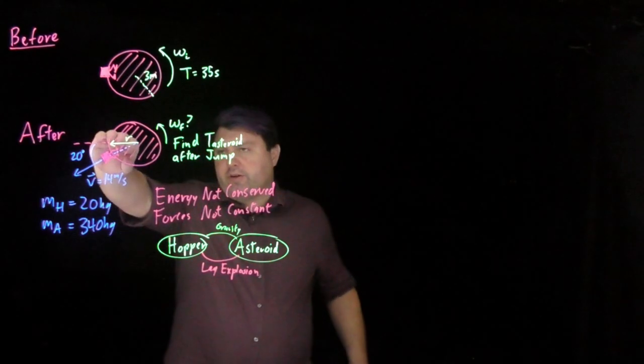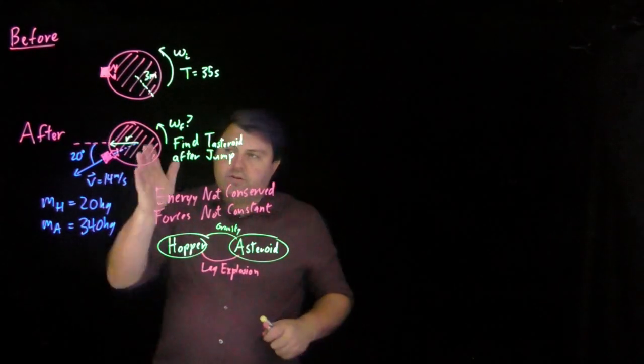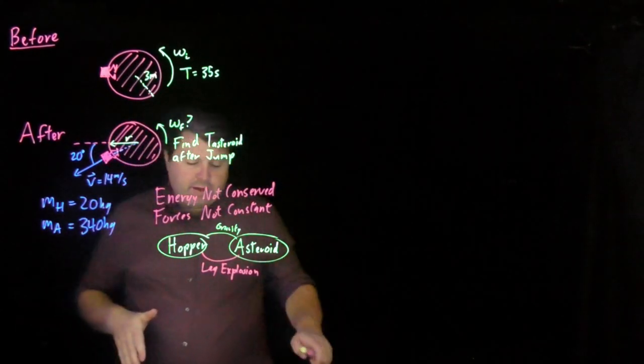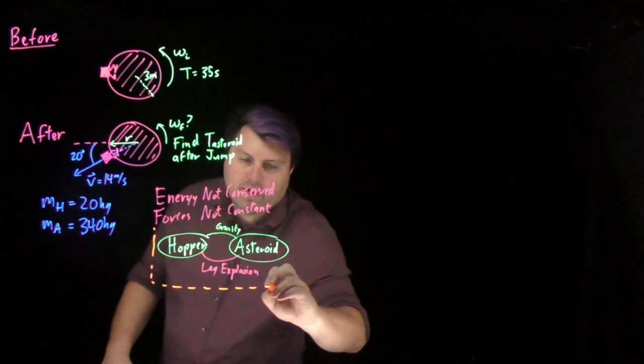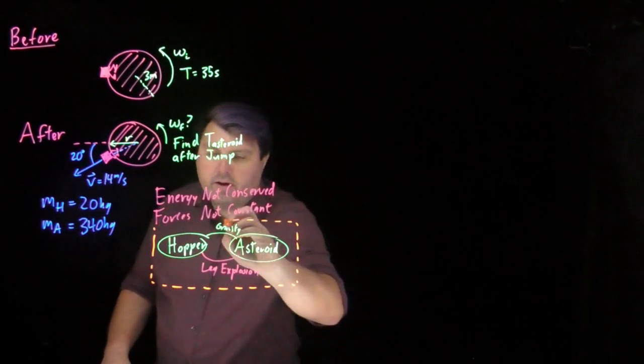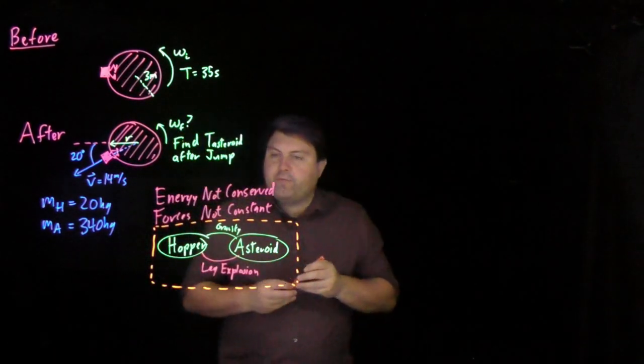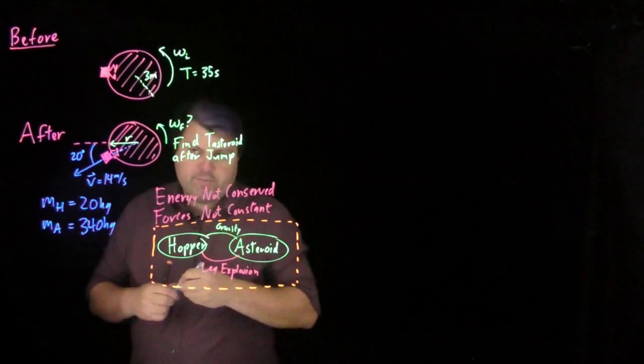Our hopper is going to hop off at an angle, both to get out. We don't really have to worry too much about the gravity, right?